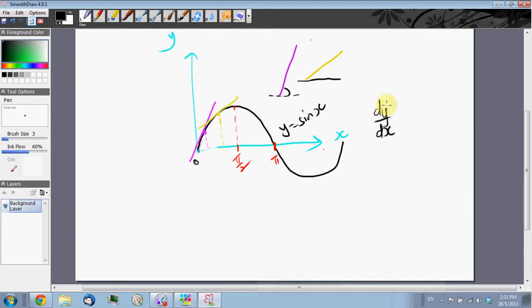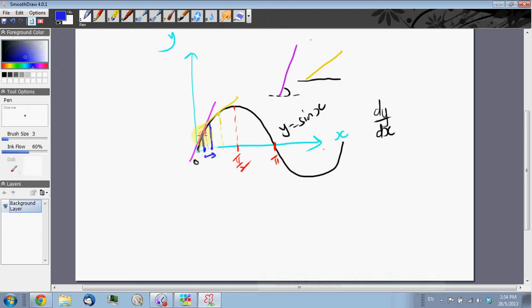dy/dx, this symbol means how fast y changes. The d means the change, so it is the change in y divided by the change in x. So you're seeing how fast y changes with respect to x. But in real life, if I want to express a change, I have to express it over an interval, meaning this range.